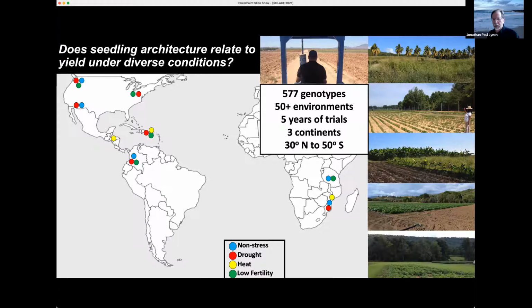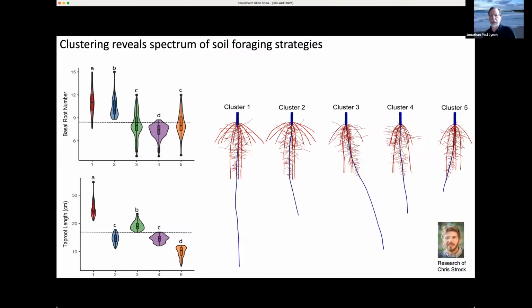And you can see on this map a wide range of locations in which we had either non-stress, drought, heat, or low fertility. And we were interested to see if our simple seedling phenotypes had anything to do with yield in these various environments.